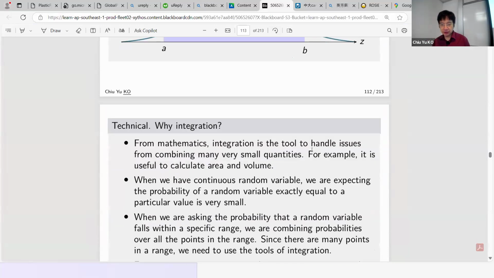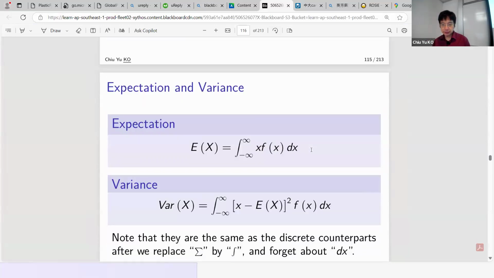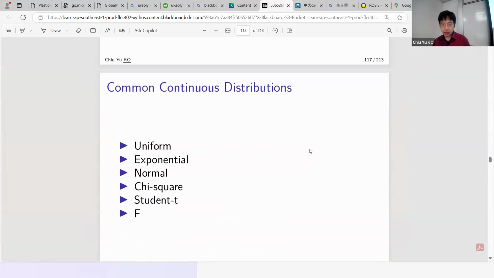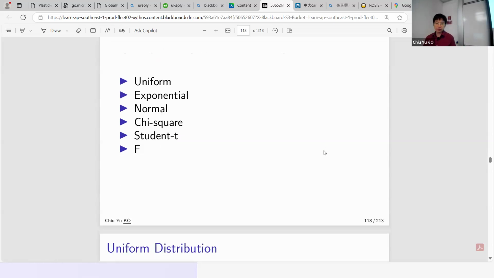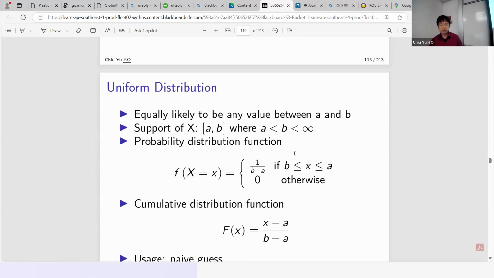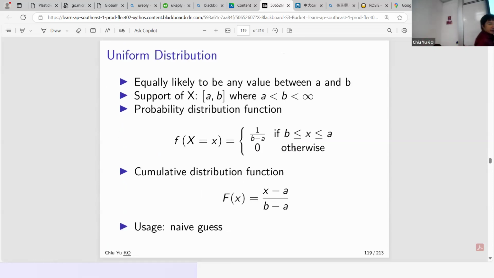So there are a lot of variables. Maybe it's good to give you some examples to make you feel more comfortable with continuous random variables, because all the definitions look crazy. So uniform is where any number between A and B is possible.